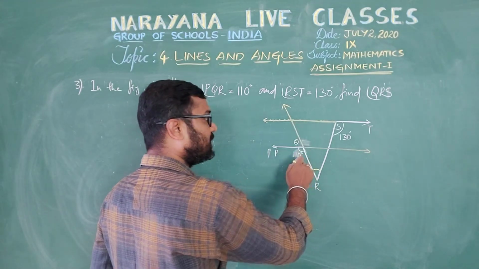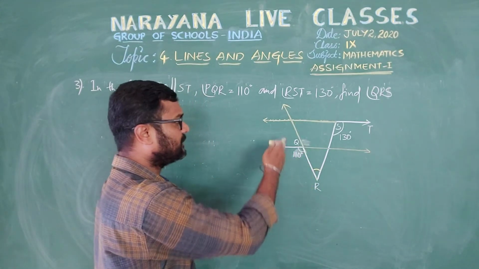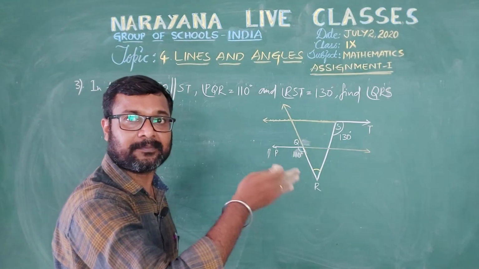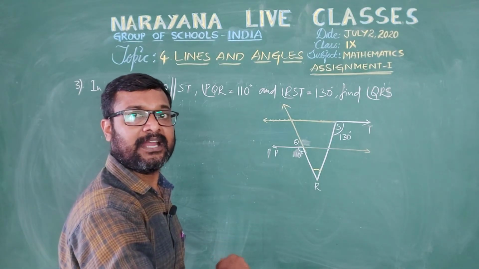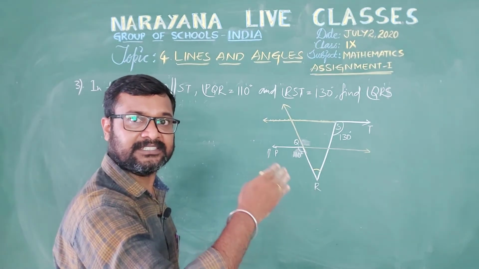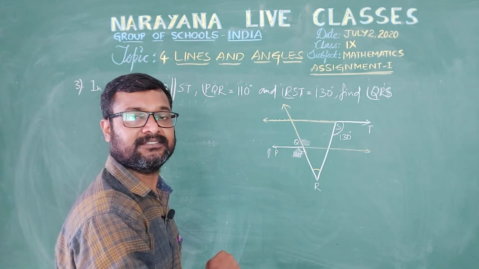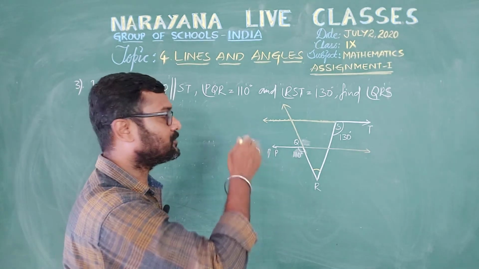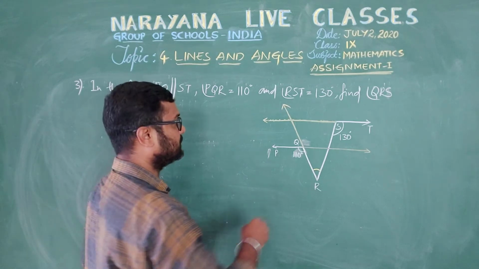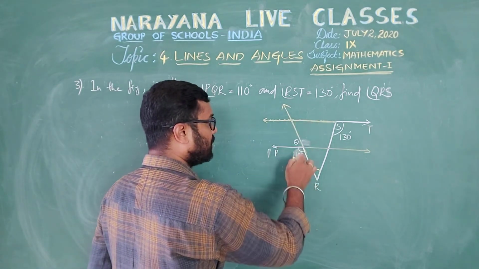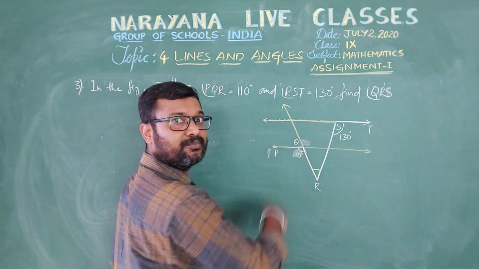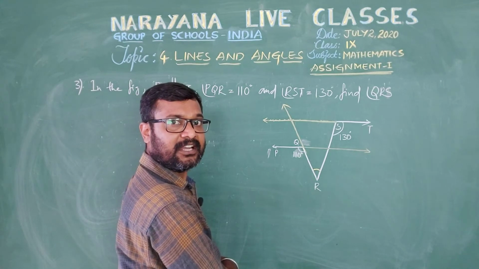Now if this is 110 degrees, corresponding angles are equal. When two distinct lines are parallel and any transversal line intersects them, then corresponding angles are equal, isn't it?